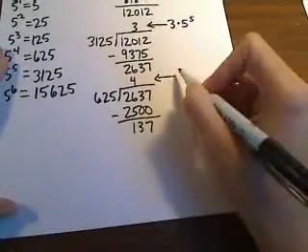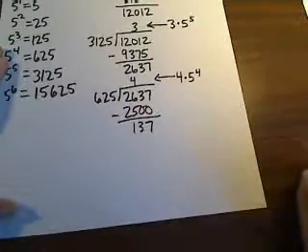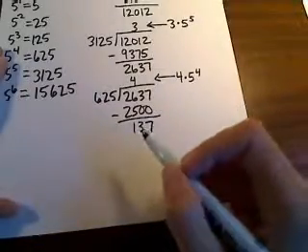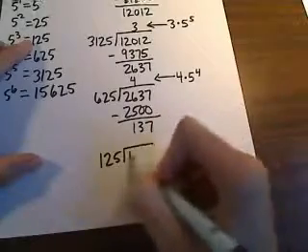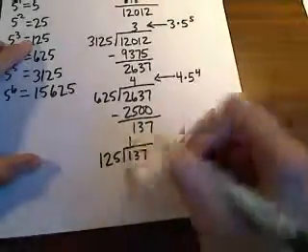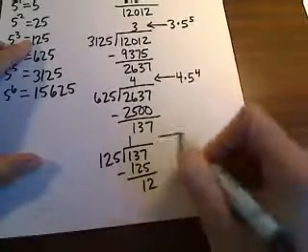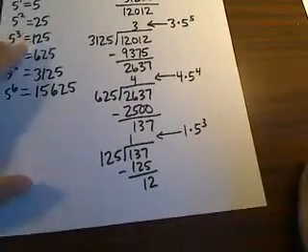This is telling me I have a 4 in the 5 to the 4th position. And then we're going to go down 1 now, 125 into 137. It's going to go in 1 time, remainder of 12. So this is telling me I have a 1 in the 5 to the 3rd position.